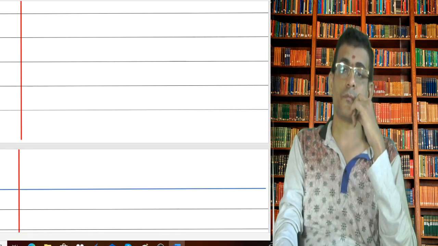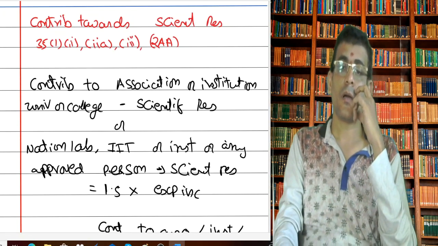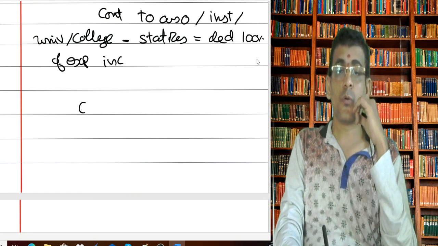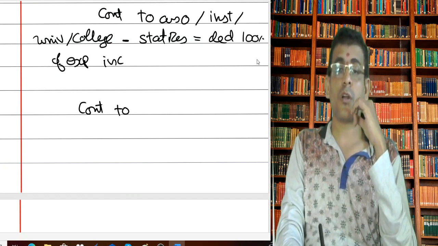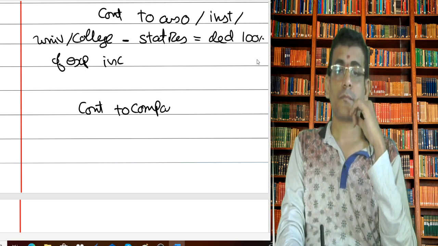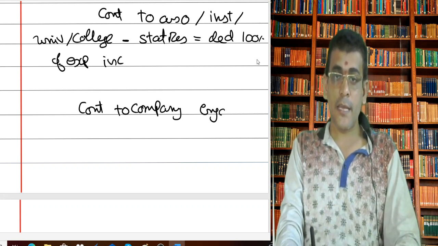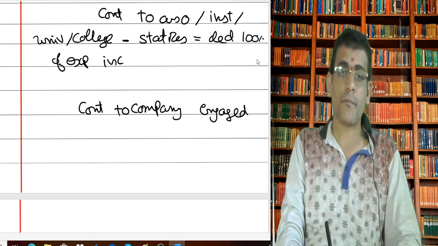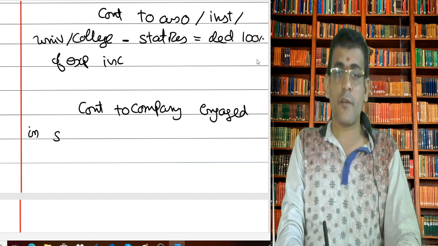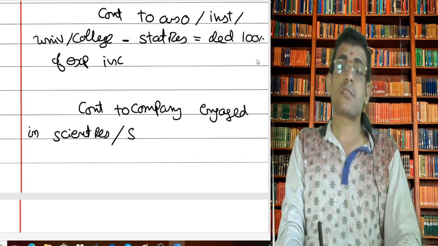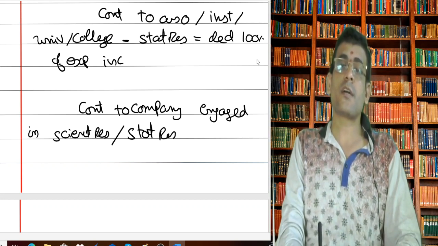Now the last one. The last one here is almost the same. You are making some sort of contribution to a company. What is the company doing? A contribution to a company engaged in scientific research or statistical research, whatever research the company is doing.